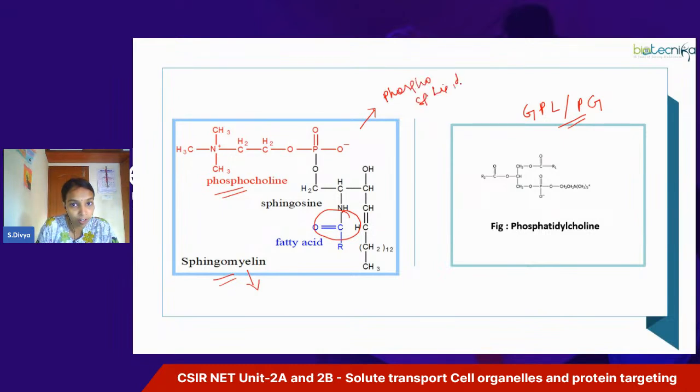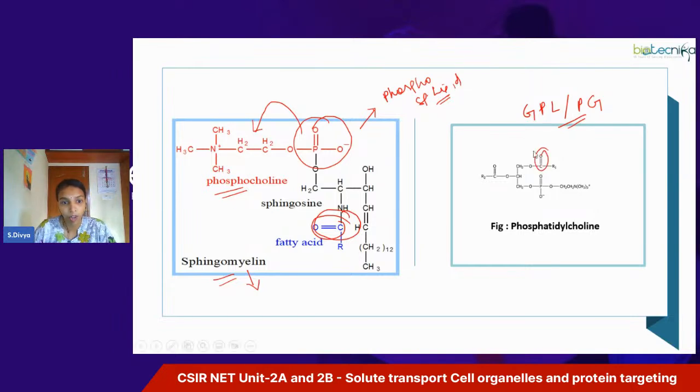Now, why do we call it phosphosphingolipid? Because here you have the phosphate group attached, and this phosphate is connected to a lipid component. If it is a glycosphingolipid, then you will have a sugar molecule attached. Okay. So now you can see here you have a C=C double bond, and here also you have a C=C double bond.